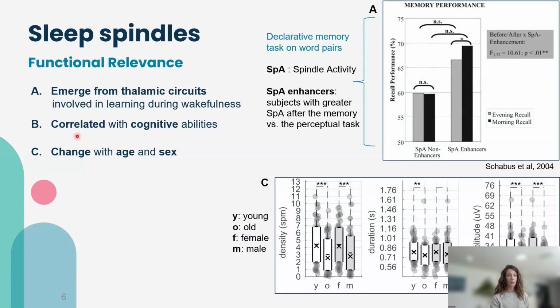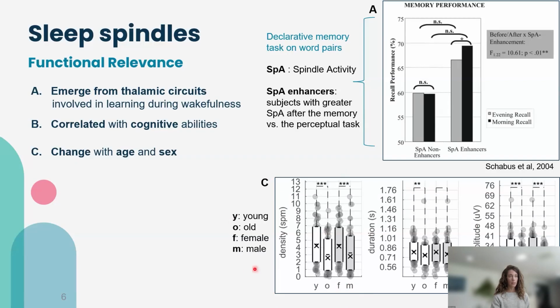Spindles are also known to correlate with cognitive abilities and change with age and sex. Figure C here shows a significant difference between the spindle density, the first graph, and also the average spindle amplitude, the last graph, between young and old, but also between female and male.